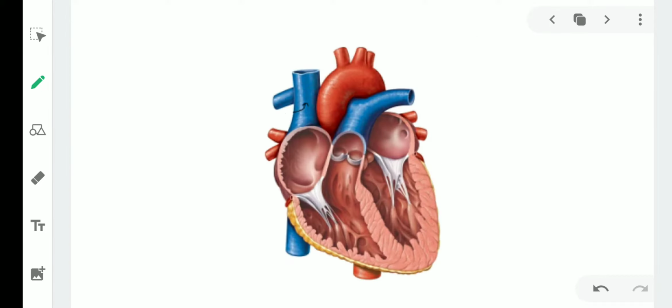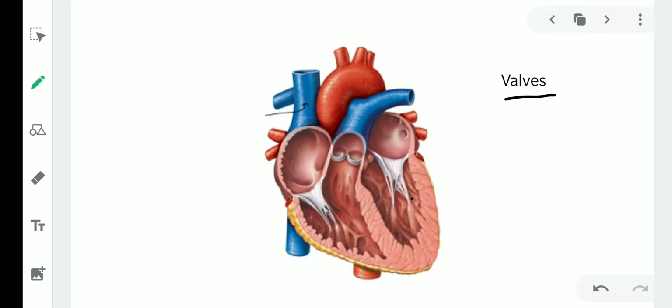Here we have a detailed diagram. We know the four chambers, vena cava, aorta, pulmonary artery and pulmonary veins. So now let's talk about valves. Valves are like one-way doors.